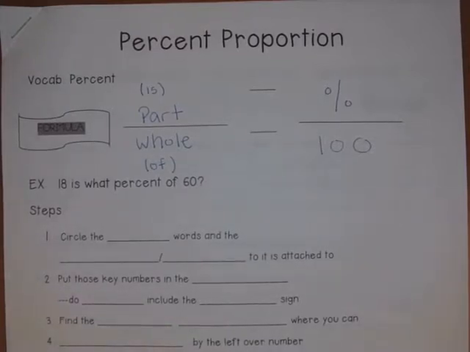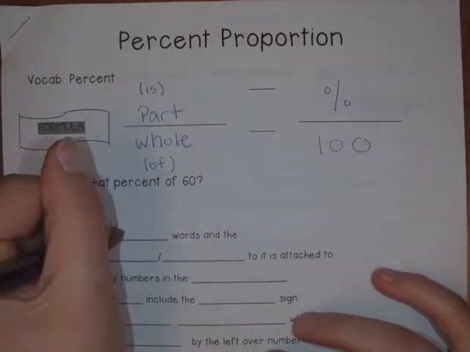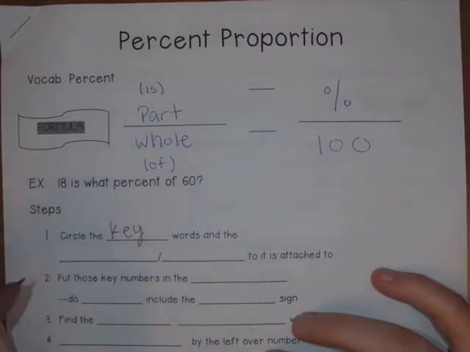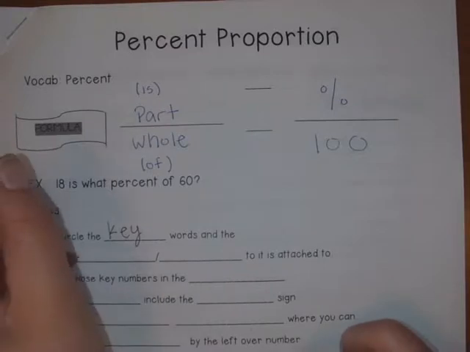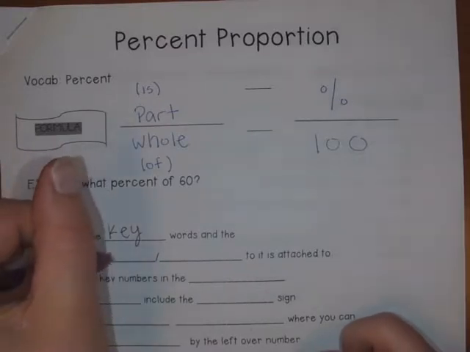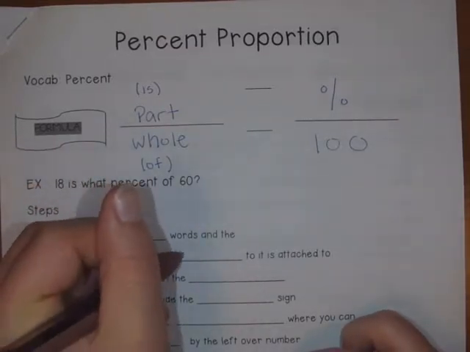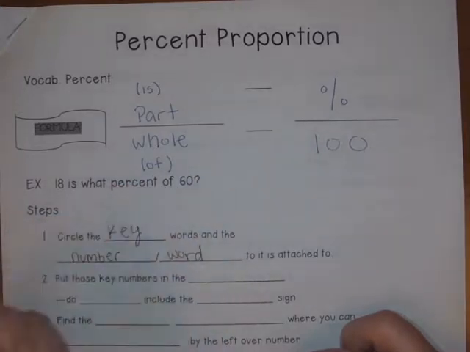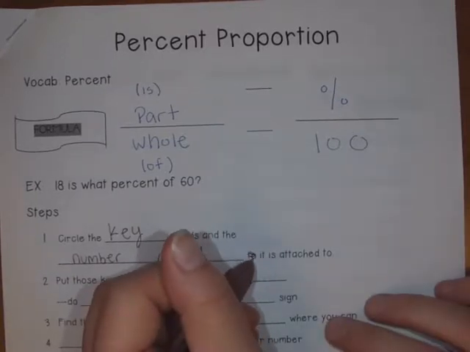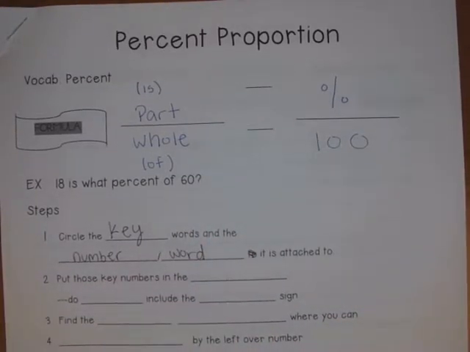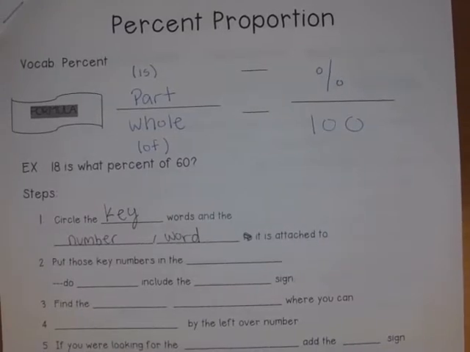So, step number 1 is to circle the keywords and the number or word it is attached to. Okay? So we're going to circle keywords and the number or word that it is attached to.